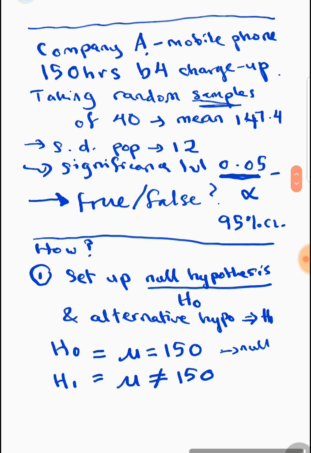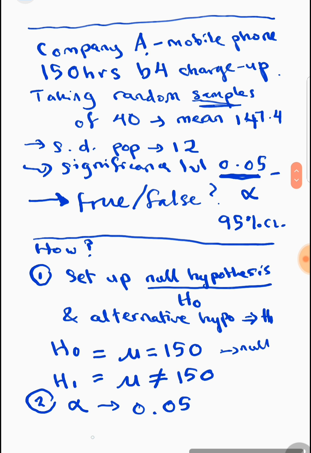Secondly, second step, we need to know about the significance level. Very important. So know that this is the significance level alpha, and in this case, they tell you it's 0.05. Sometimes they do not mention the alpha, they just mention significance level.